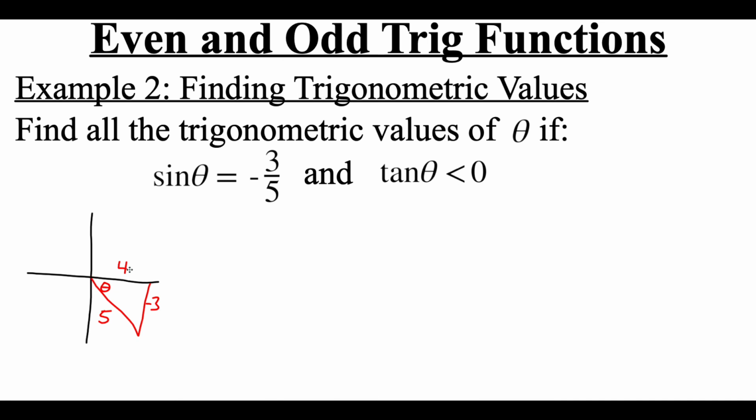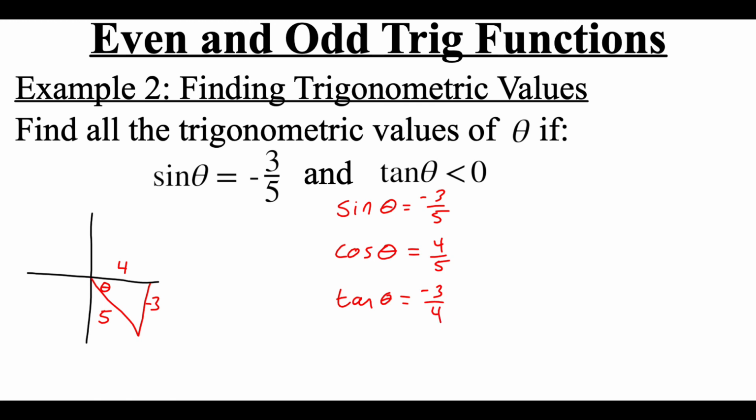Now that I have my triangle drawn out, I can determine all of my trig values. So we already know that the sine of theta is negative 3/5. We can use our picture to determine the cosine of theta to be 4/5, since cosine is adjacent over hypotenuse. The tangent of theta, tangent is opposite over adjacent, so it's going to be negative 3/4.